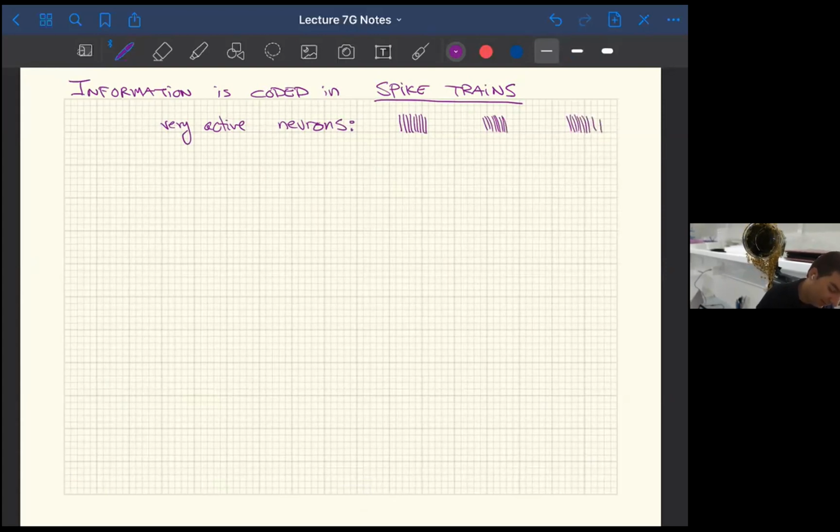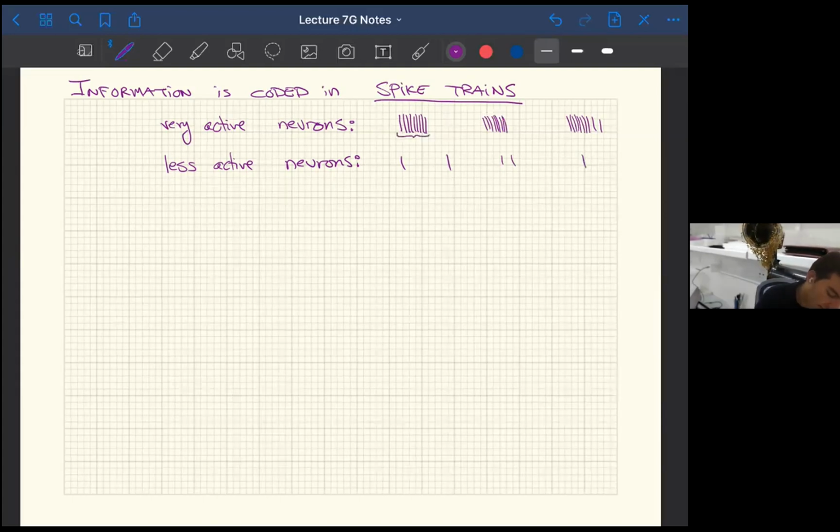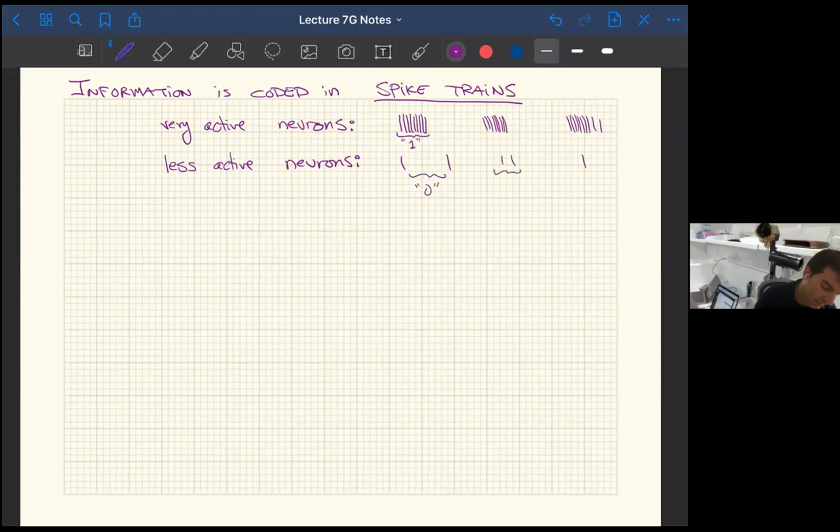But then you can also have less active neurons where you see only periodic spikes. You can view this as encoding a 1, and maybe this is encoding a 0, and something in between is encoding something between 0 and 1.